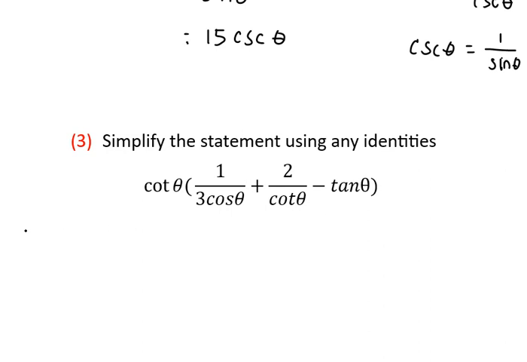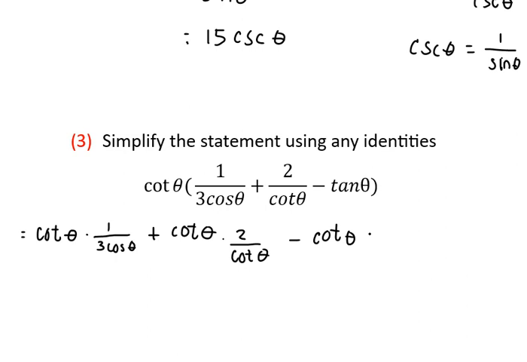This gives us cotangent theta times 1 over 3 cosine theta, plus cotangent theta times 2 over cotangent theta, minus cotangent theta times tangent theta.